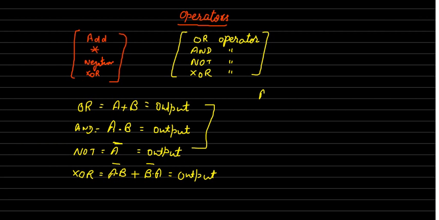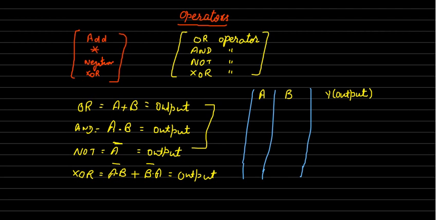So we have A and B as input and, third, Y as output. Now let's make a table. We have 0 0, 0 1, 1 0, and 1 1.